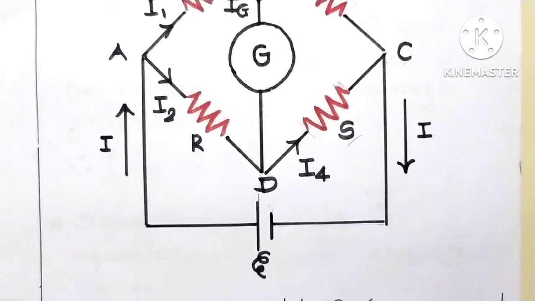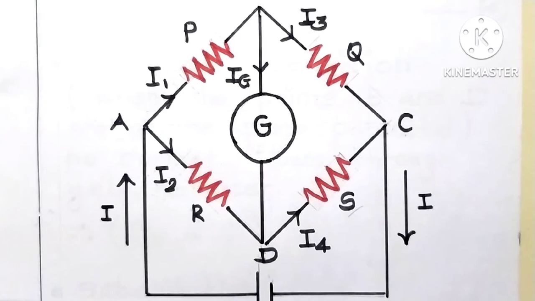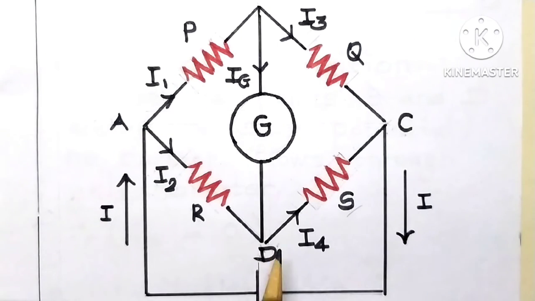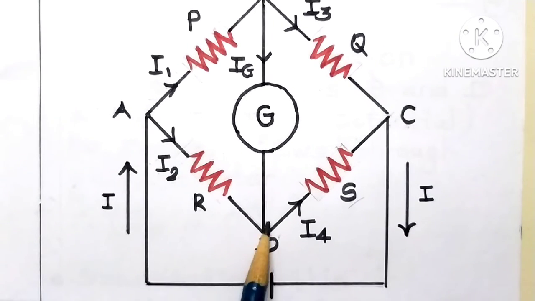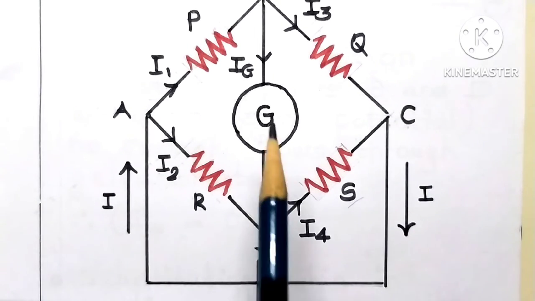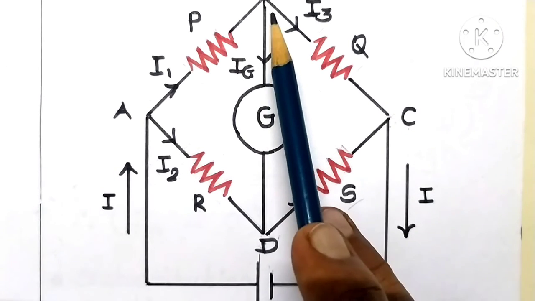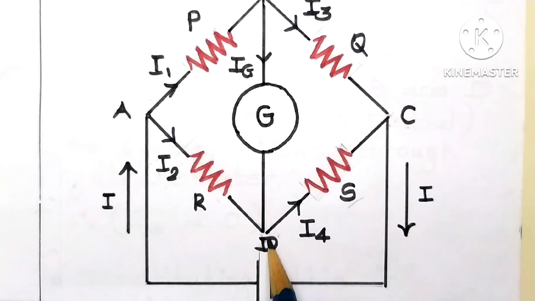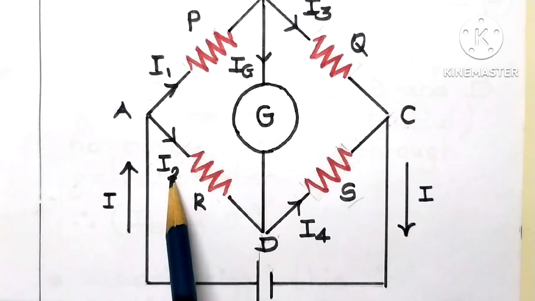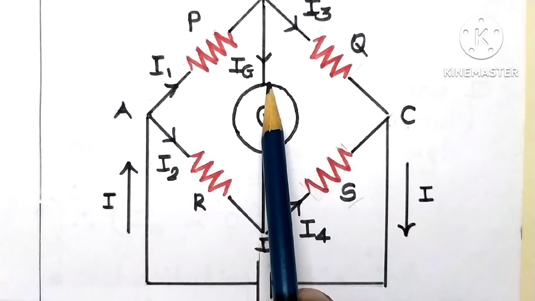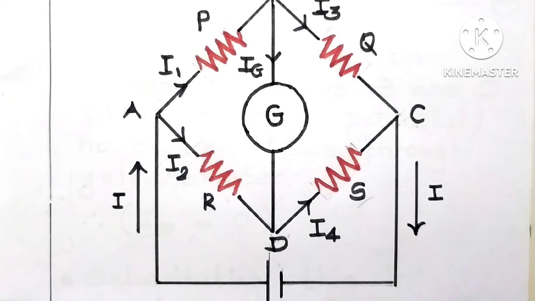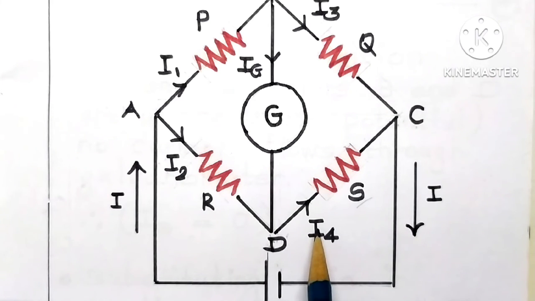Similarly, at junction D, we see that the current I2 enters it. This current Ig also enters the junction D, whereas the current I4 leaves it. So I2 and Ig are given positive signs, whereas the current I4 is given negative sign.